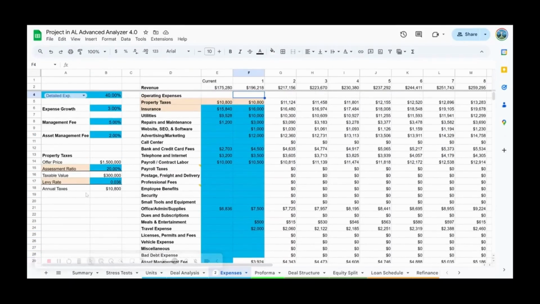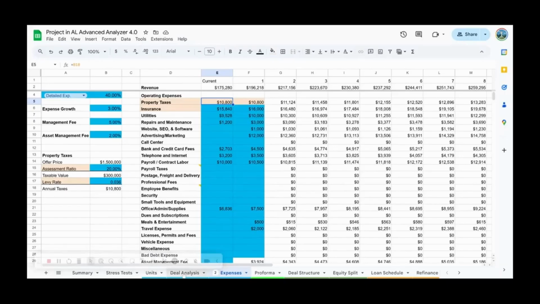And with the correct offer price of 1.5 million, we get our calculation for the correct property taxes. Now, we don't use the property taxes that they give in the OM, because once the property sells, we'll be paying these actual taxes.